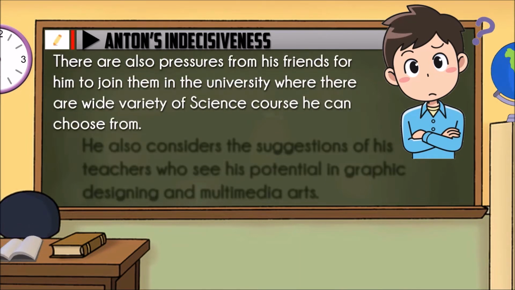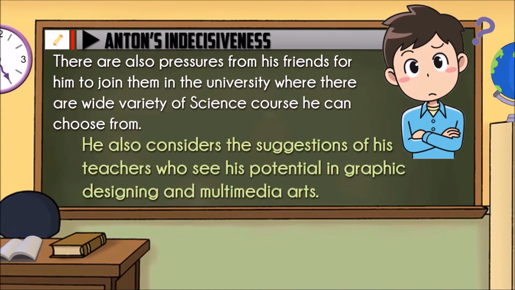There are also pressures from his friends for him to join them in the university where there are a wide variety of science courses he can choose from. He also considered the suggestions of his teacher who see his potential in graphic designing and multimedia arts.